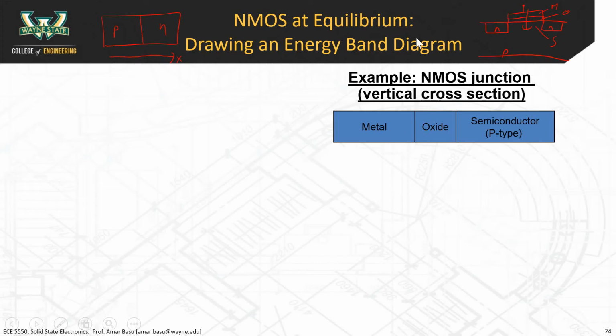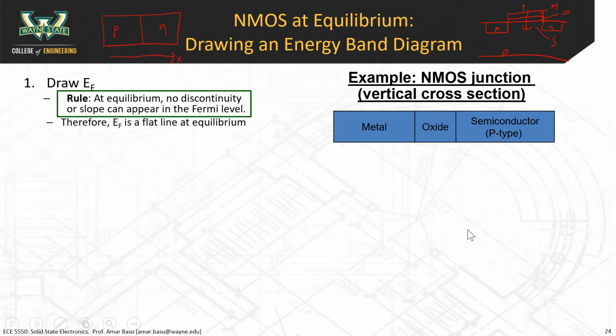This example that we're doing is an NMOS device, so it has a P-type substrate. The first thing we're going to do is equilibrium. Equilibrium means that there is no voltage applied to the gate, and we are going to assume that this is an enhancement mode device.